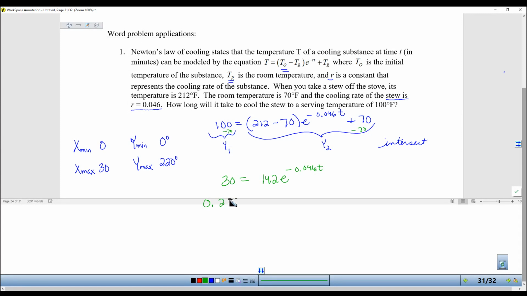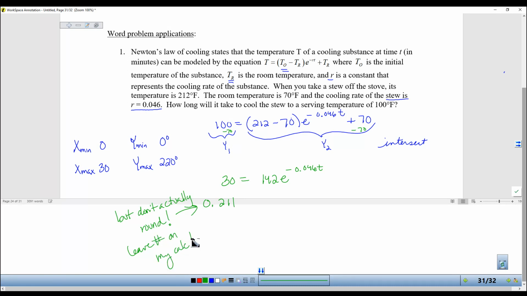Okay, now this is tricky. I'm going to write 0.211, but don't actually round. I do not want to actually round. This is just what I'm writing on my paper, but I'm going to leave this number on my calculator.